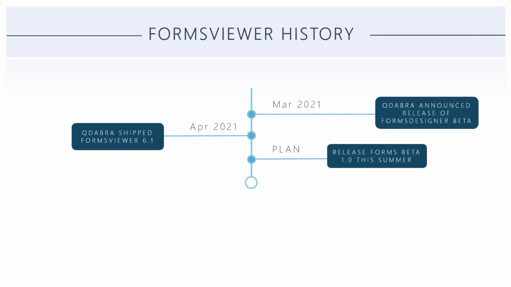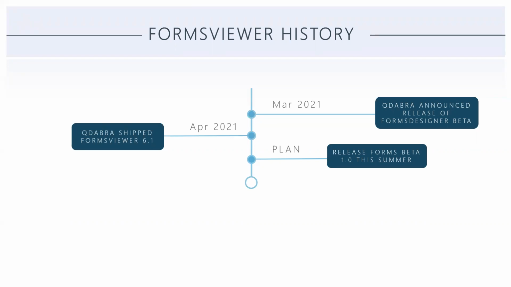And I think the highlight for this year for us is the biggest announcement that we have just released the Forms beta, which is a forms designer, the app we've been developing in the past to replace InfoPath, and we just released that last month. I'm guessing some of you have already received the newsletter about that.